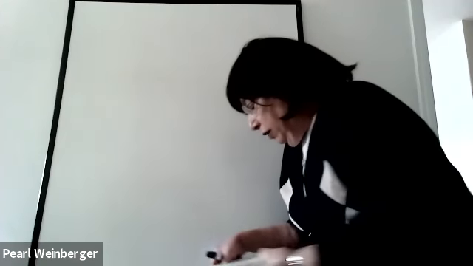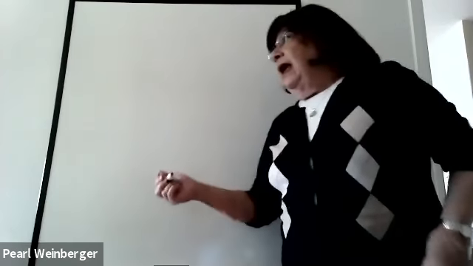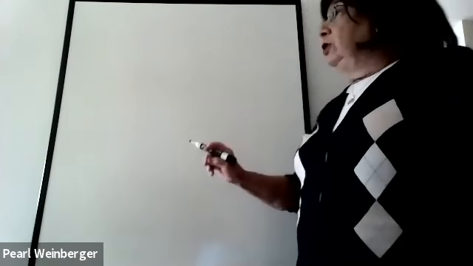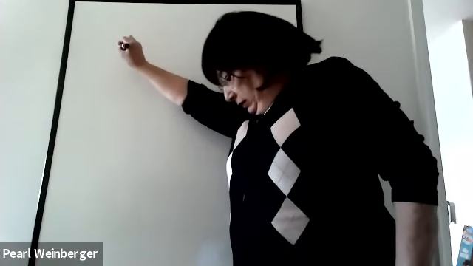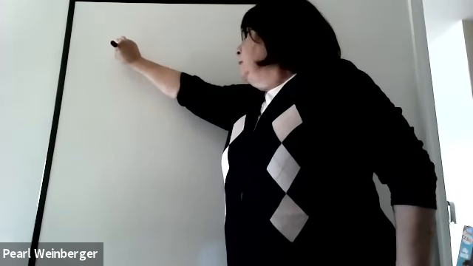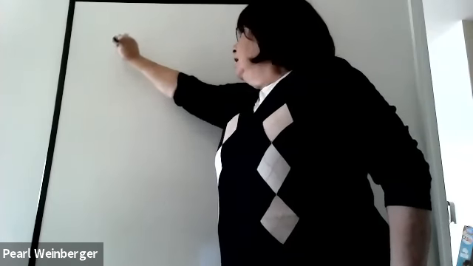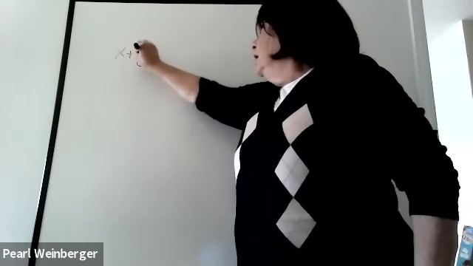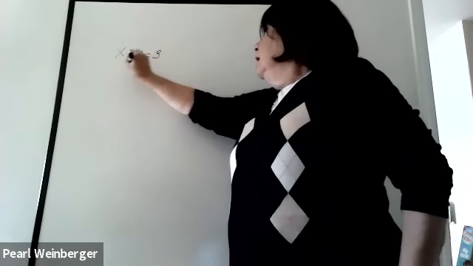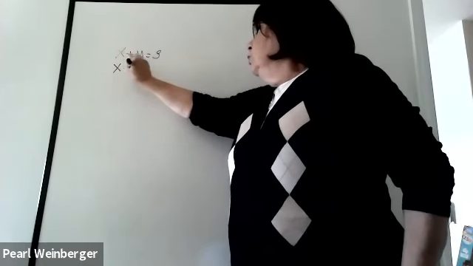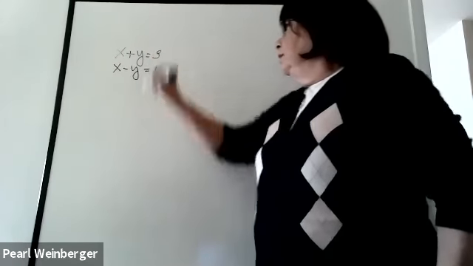Just as a quick reminder of what we did, we had a system of equations, something with two equations. Let's say the system of equations is this: x plus y equals 3, and x minus y equals 1.